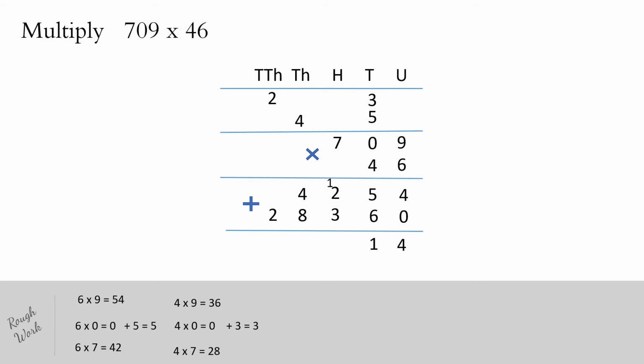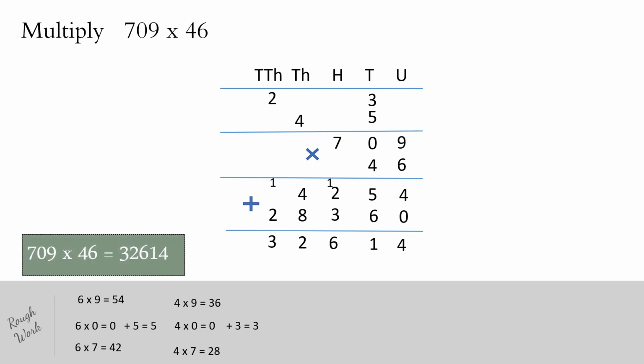Now 1 plus 2, 3, 3 plus 3, 6. Now at thousands place, 4 plus 8 we will get 12. So 2 we will write at thousand place and carry 1 at 10,000 place. Now 1 plus 2 we will get answer 3.